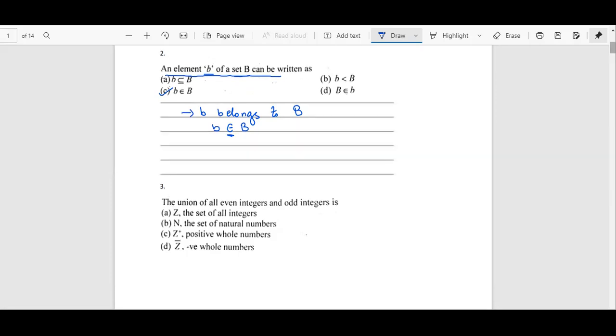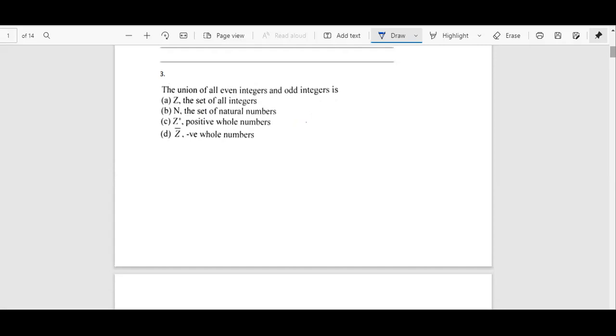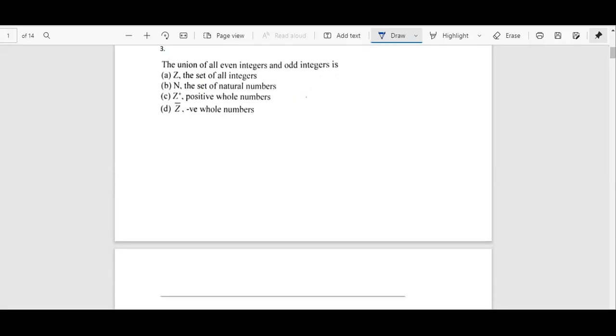Let's talk about the third question now. All right. Now they're saying the union of all even integers and odd integers is. Okay. Now, first, let's talk about even integers and odd integers. If I write down the set of even integers, I am going to add all the negative even integers.